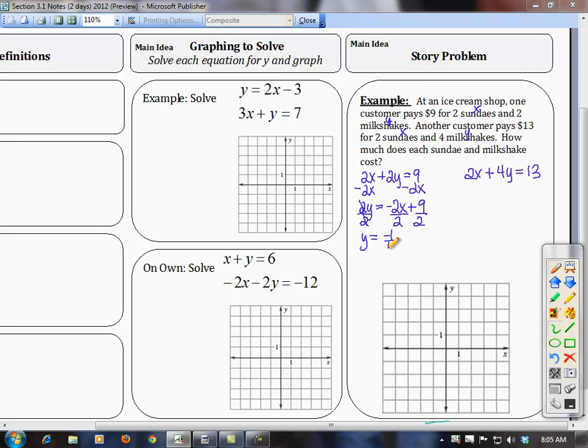And I'm going to put over 1 because we're going to need that fraction anyways. Plus 9 divided by 2, I'm going to write it as a decimal here, 4.5. Now, normally I wouldn't suggest writing things as decimals, but in this case, I think we're going to need it. Now, here's the hard part about graphing this. 4.5, if I go up to 4.5, that's right here in the middle.